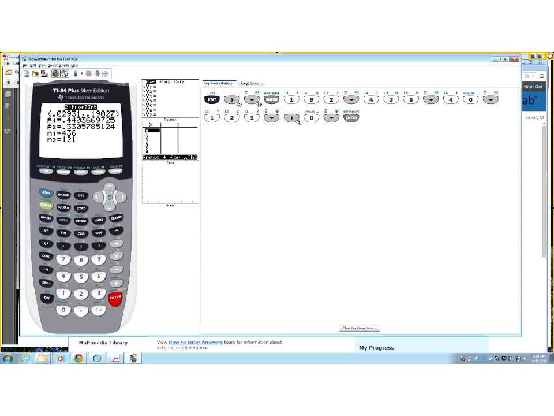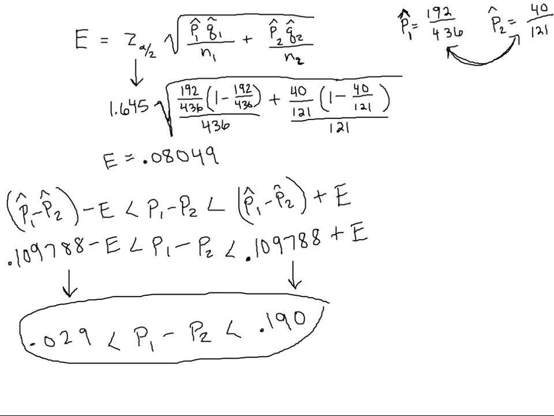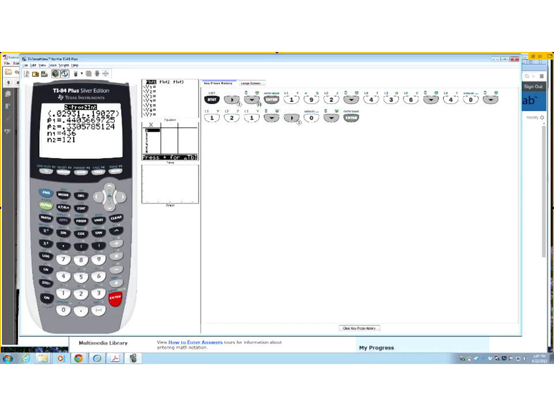How close is it to the one we have? All right, so ours was 0.029 and 0.190. Okay, and this is what the calculator gave us. Now, notice how the interval for our calculator looks a little bit different.